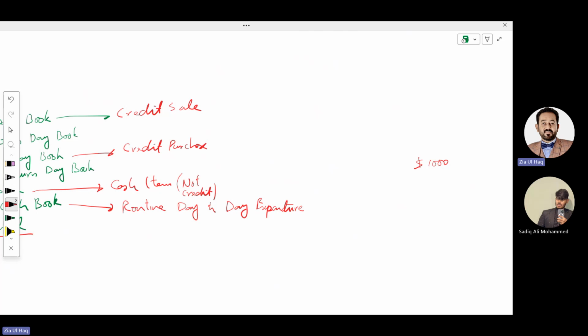They hand over $1,000 at the start of the month to the clerk, so that during the month the clerk can pay for small expenditures from this $1,000. Suppose the month's expenditure is 750.